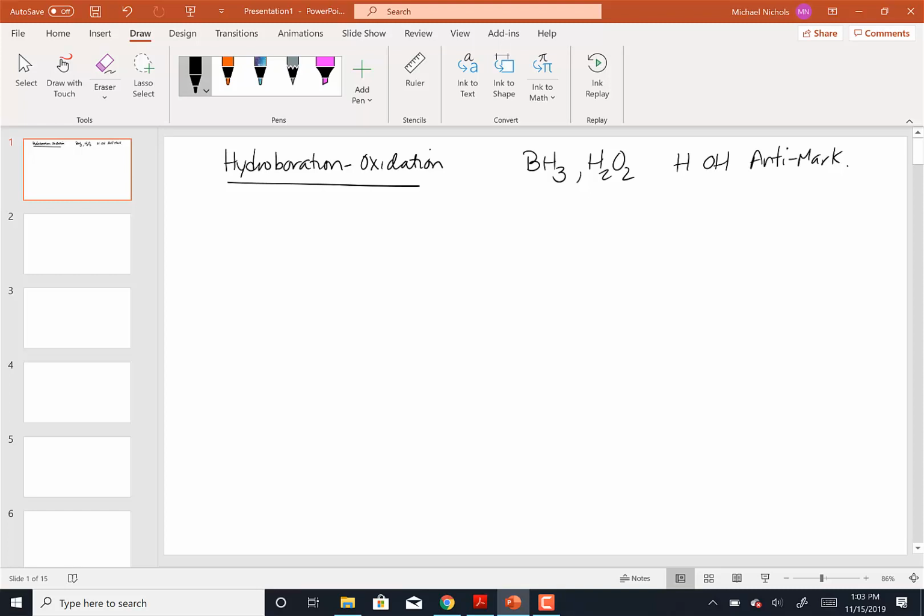This is going to be reversed. And this reaction goes 100% cis. So we need to explain, why is it anti-Markovnikov? Why is it cis? The fact that it's cis means it doesn't undergo a carbocation intermediate.